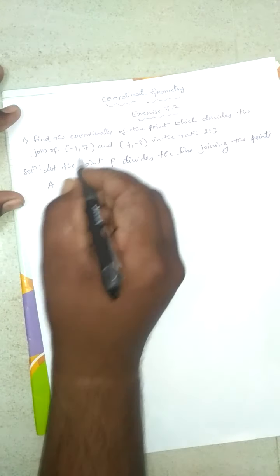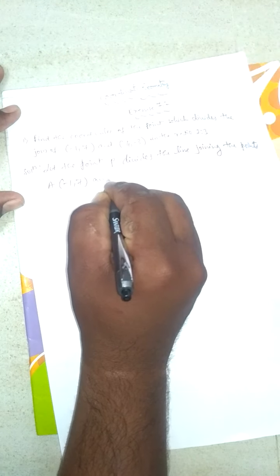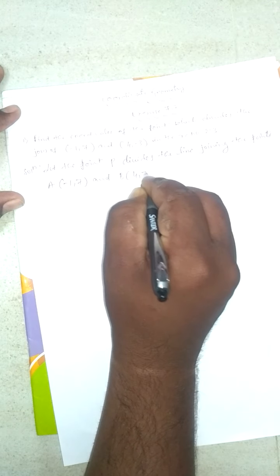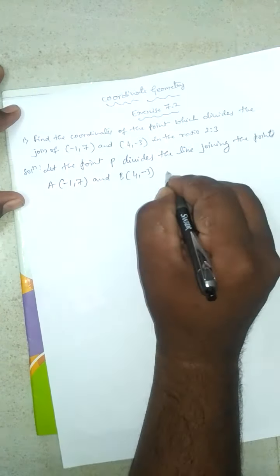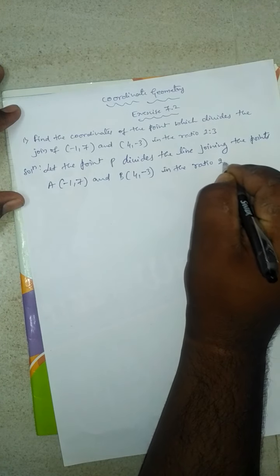Here the first coordinate we are going to name A of -1, 7 and B of 4, -3 in the ratio 2:3.